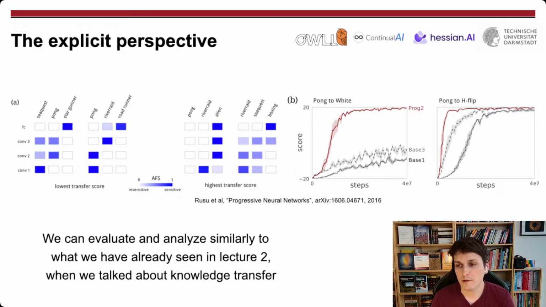Of course, you can also see this quantitatively in the right-hand plot illustrated in B, or the pair of plots, where you can now rather intuitively see that in contrast to these transfer learning baselines, where you just have the single column where you don't add new parameters, but you try to freeze or adapt the ones you already have, the progressive addition does in fact give you a lot of benefit.